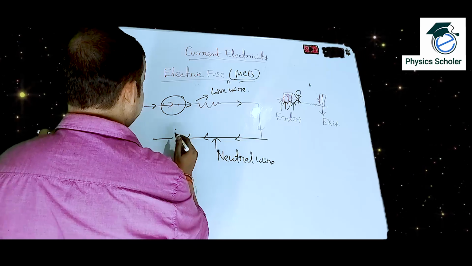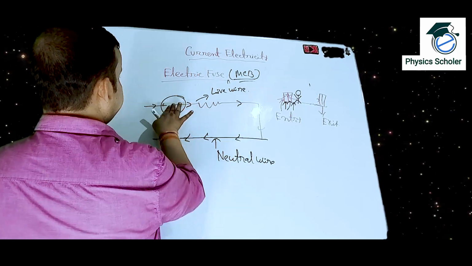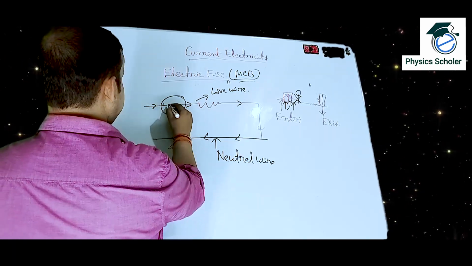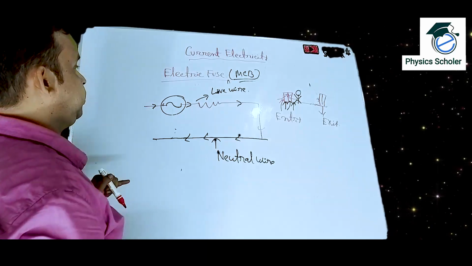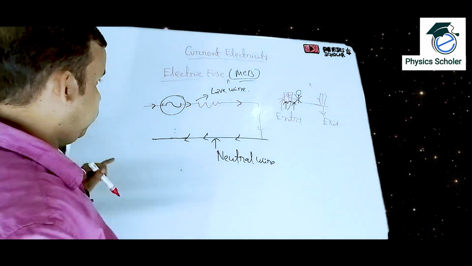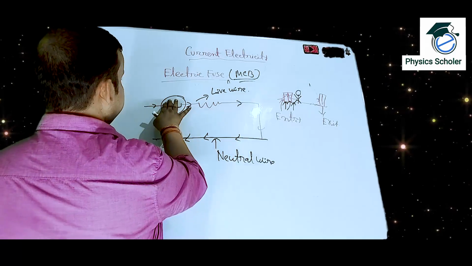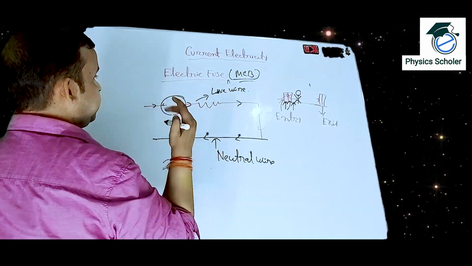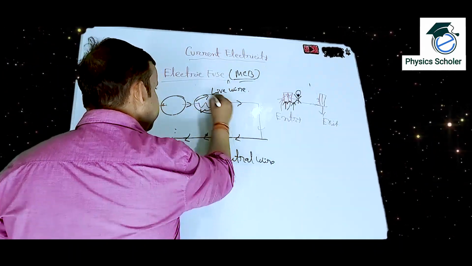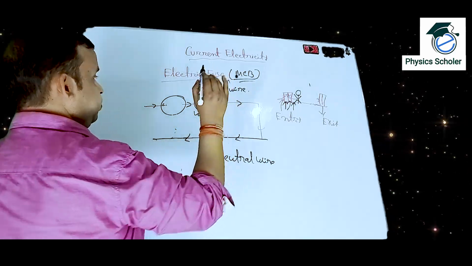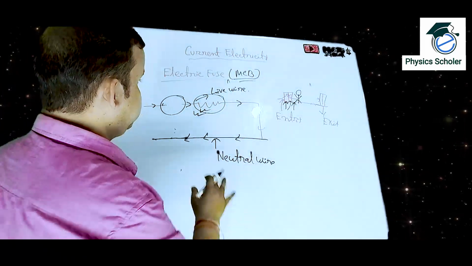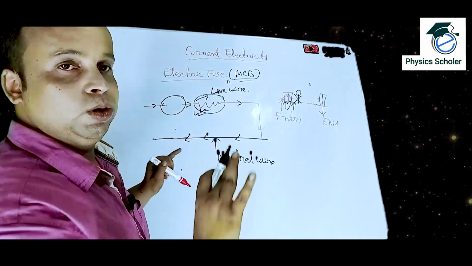So that is why the fuse wire is connected with the live wire. Because when the extra amount of current tries to flow due to any fault, this wire will melt and make the circuit open. So the device connected over here will be safe, and other instruments connected will be safe.